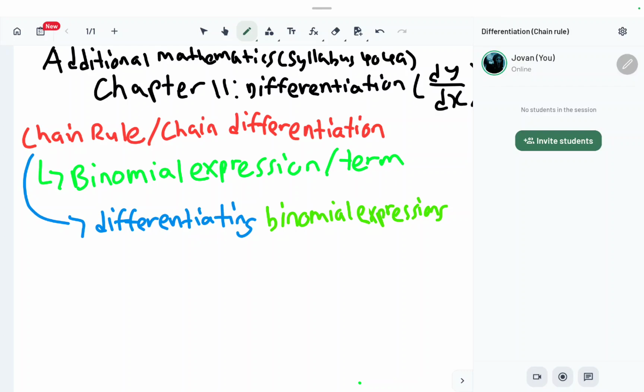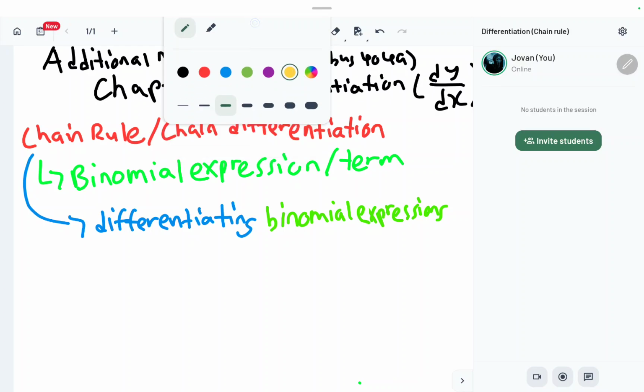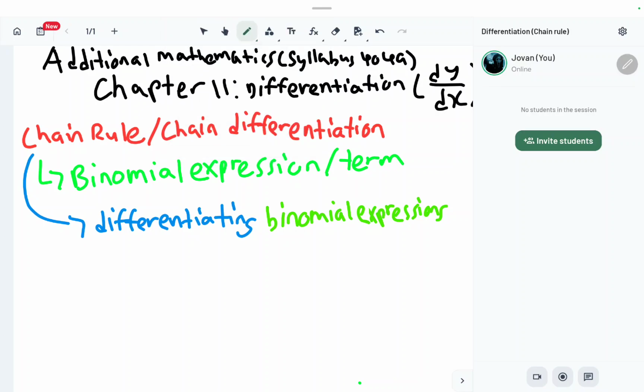Alright, so I'm gonna give you some examples of when we use chain rule or chain differentiation. I'll write out in yellow. Example, 2x plus 1 to the power 6, 3x plus 2 to the power 7. We can say 2x plus 2 to the power of half.